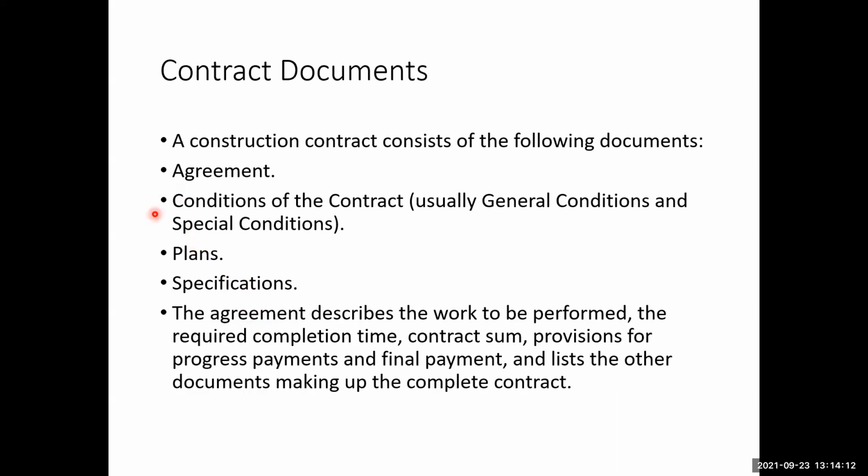Okay, so these are the documents. So let's look at these documents one by one. So the agreement describes the work to be performed, the required completion time, contract sum, provisions for progress payment and the final payment, and lists the other documents making up the complete contract.